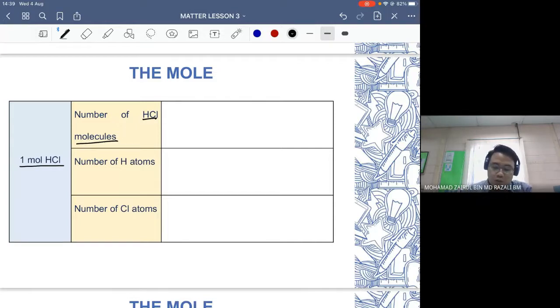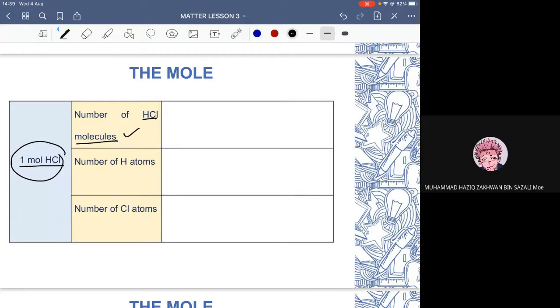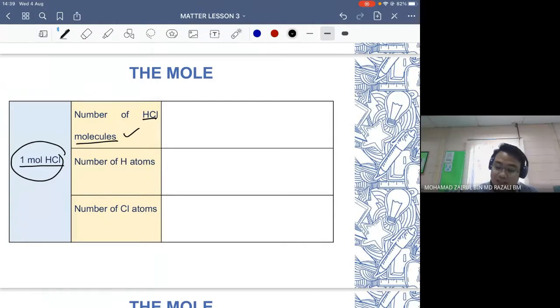So we have 1 mole of HCl. So the number of HCl molecule dia berapa? 6.02 kali 10 kuasa 23. So basically equals to the Avogadro number.